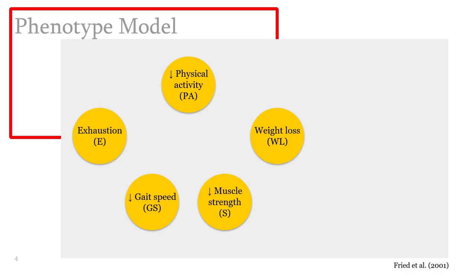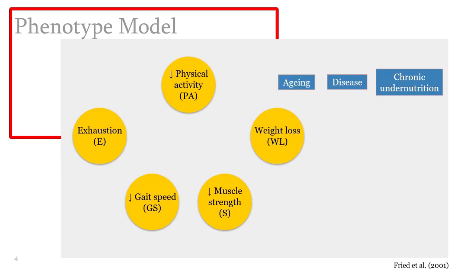This study also proposed the cycle of frailty to explain the associations and clinical signs and symptoms of frailty. The cycle may possibly start with chronic undernutrition, disease, and aging. They lead to a loss of muscle mass, which we call sarcopenia.